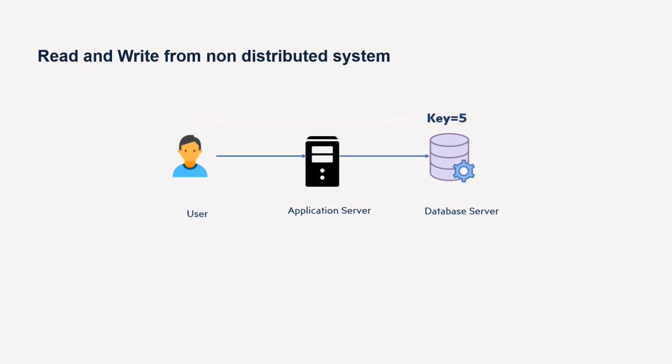Next time, whenever the client wants that value back, it will be sent back by the app server. Because there is one server, there is no issue of where that value is being saved. So this is how it works very simply when we have just one server, and there is no issue of scaling up and scaling down because of multiple servers.